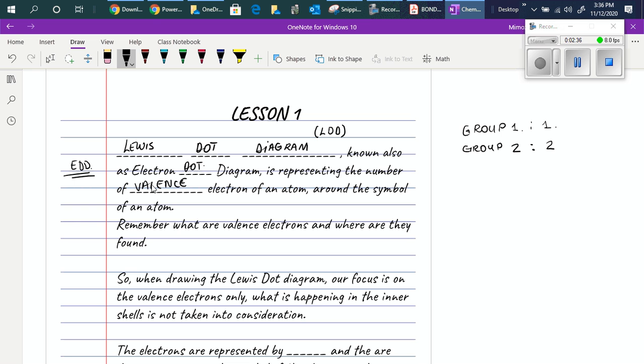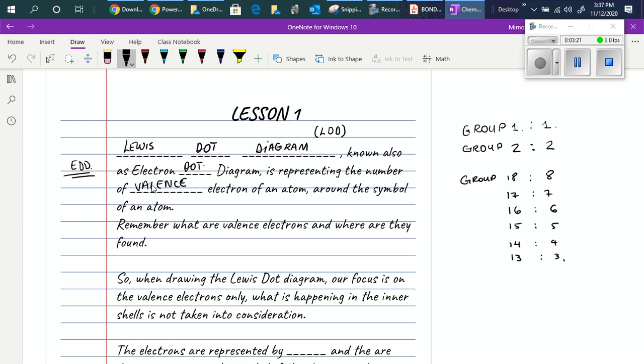So then you skip all those in the middle of the periodic table, and then you start on group 18. Group 18 has 8 valence electrons in the outer shell. Group 17 has 7 valence electrons. Group 16 has 6. Group 15 has 5 valence electrons. Group 14 has 4, and group 13 has 3 valence electrons.